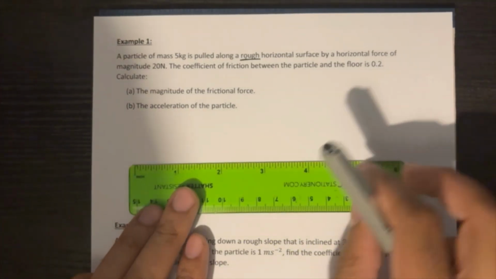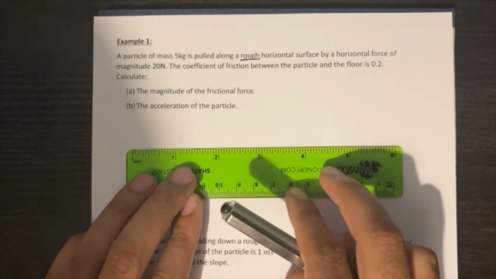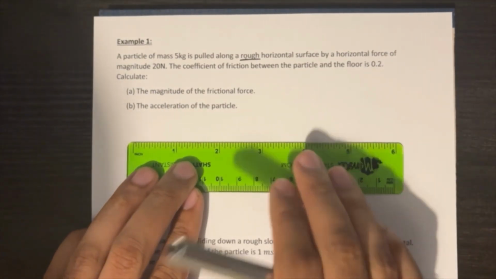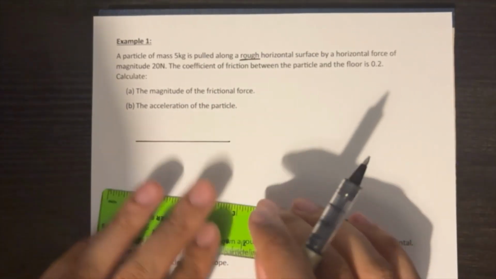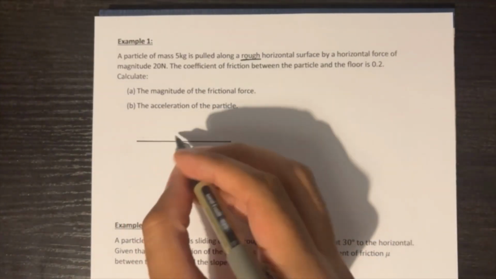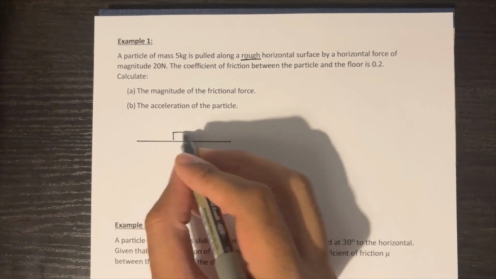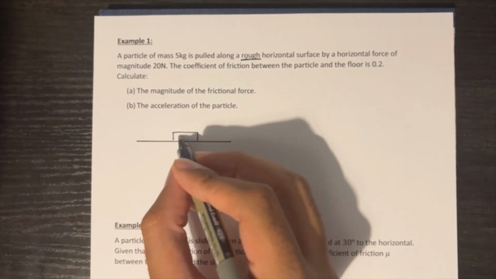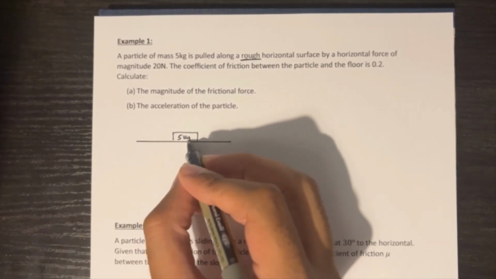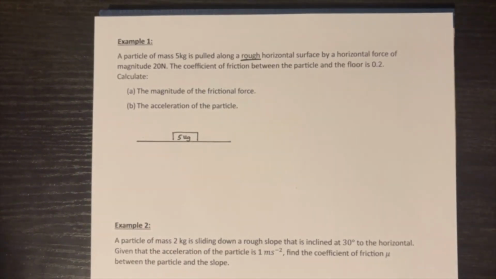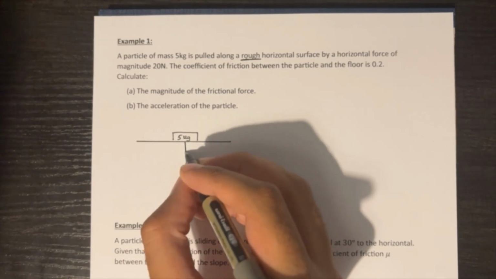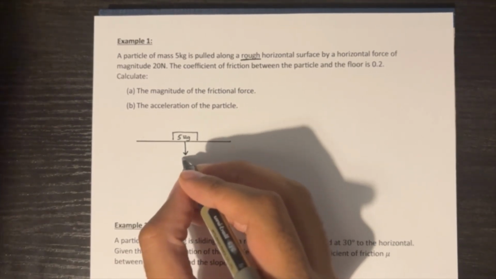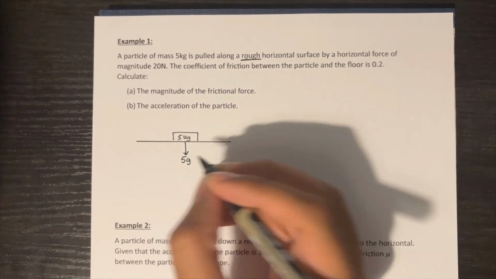So the first thing we're going to do is draw a little diagram of that situation. We've got our horizontal surface with our object of mass 5 kilograms. Since our mass is 5 kilograms, we are going to have a weight of 5g.